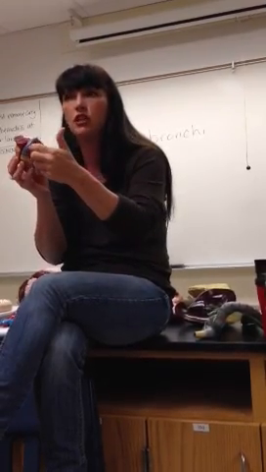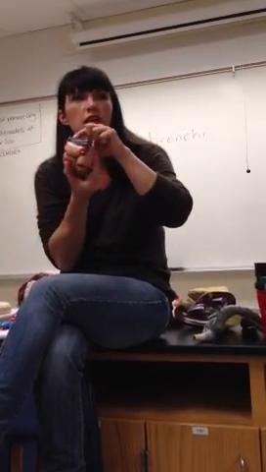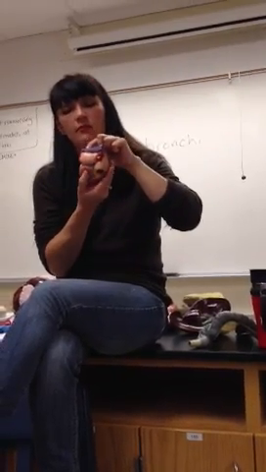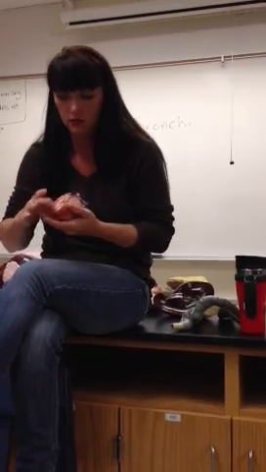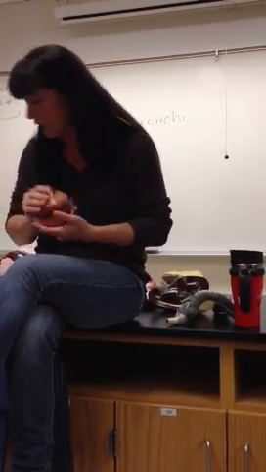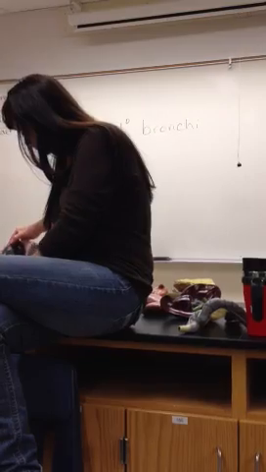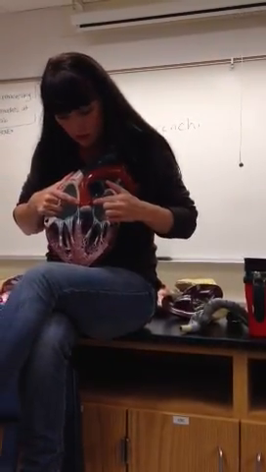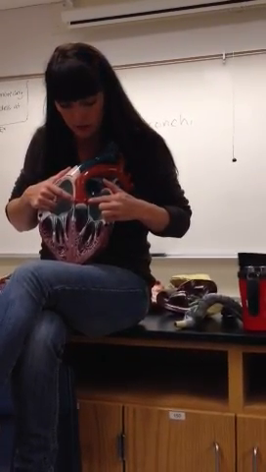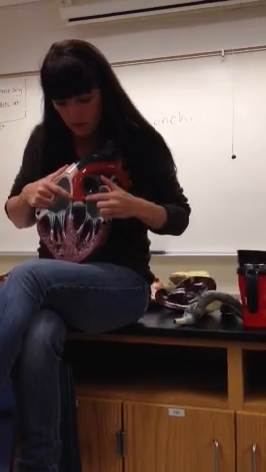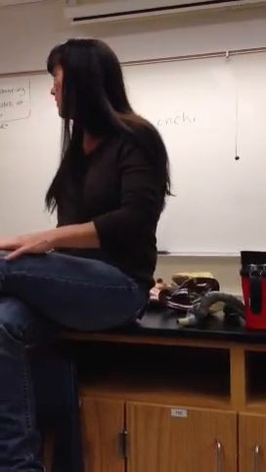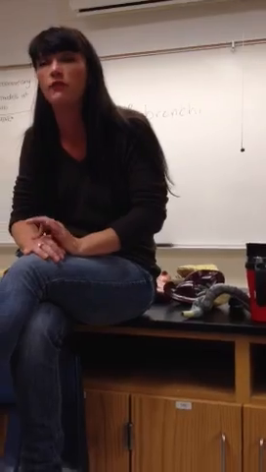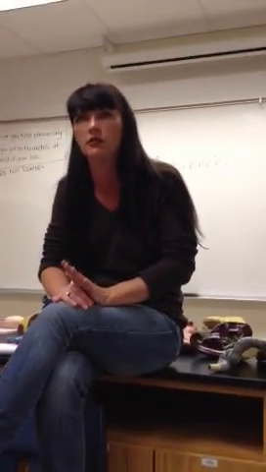This one is much easier to see than the other one. Then these are pulmonary veins. Coronary arteries, right here. That would be the very first branch off of the aorta before it even completely exits the heart.